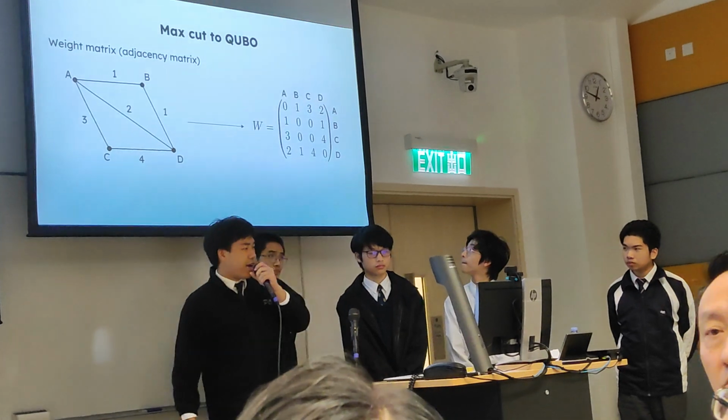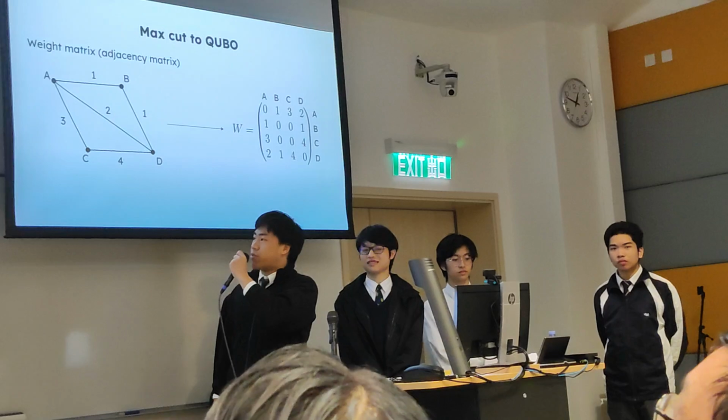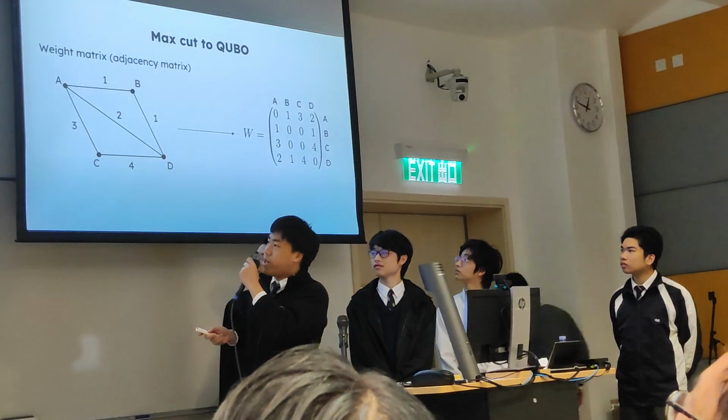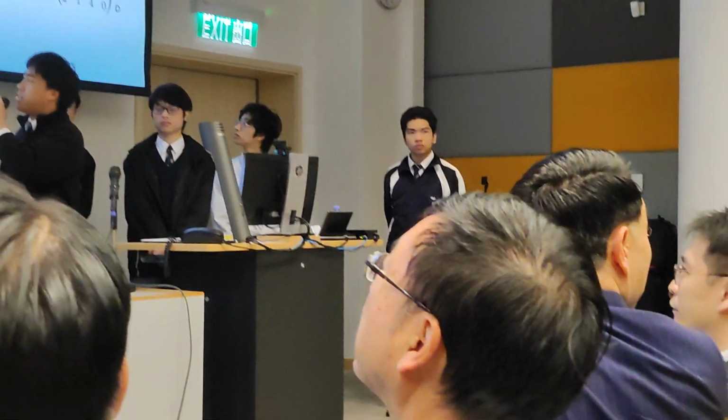Now, first of all, a computer cannot understand a graph, so we need to transform the graph into something called a weight matrix or adjacency matrix so that the computer can work on the numbers.